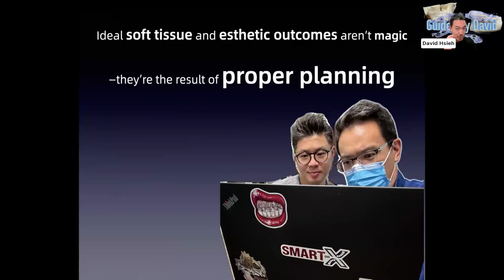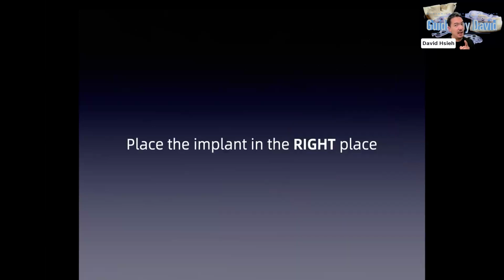The very important thing I picked up from him, especially when it comes to anterior cases, is that ideal soft tissue and aesthetic outcome aren't magic. They are the result of proper planning. In other words, try to place the implant in the right place.